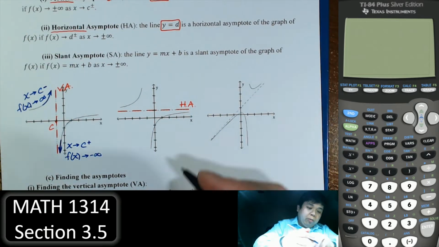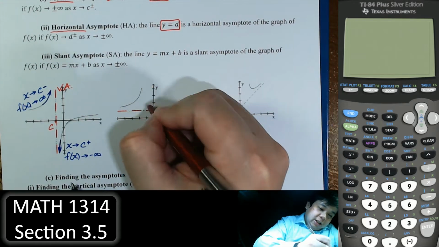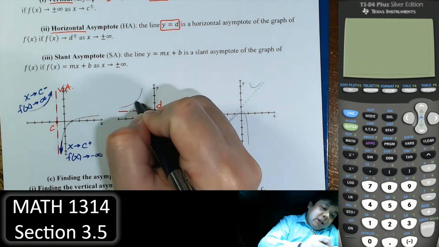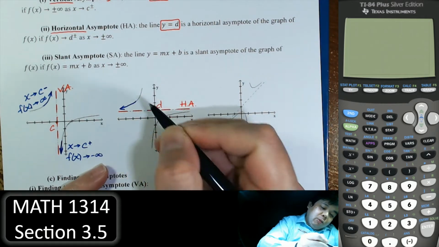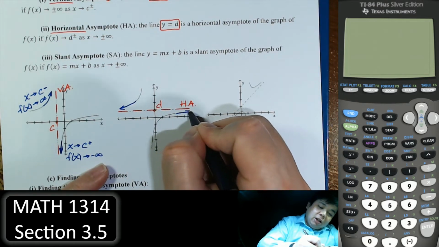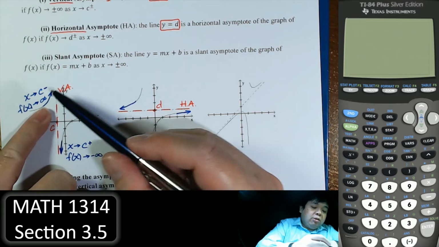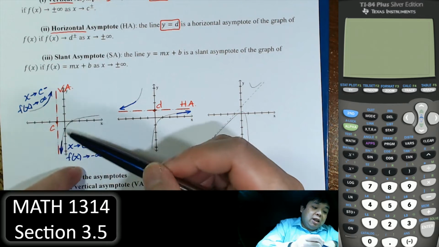And the function is approaching, by the way, this is d, the function is approaching d from the left side or from the right side. By the left side or the right side here, I mean the smaller values and the bigger values.